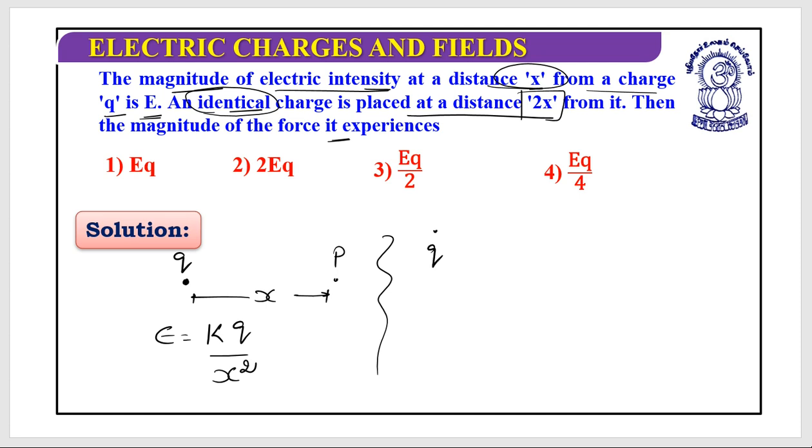This was the q, this was the p, and an identical charge is placed at 2x from it. This would be the distance x, this would be the distance 2x.